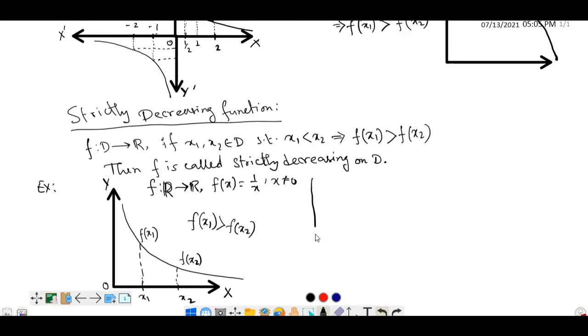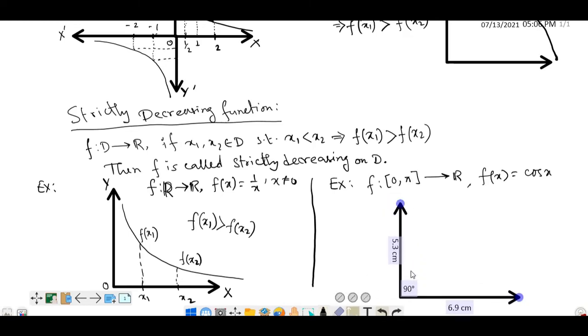Now we can take another example of a strictly decreasing function, that is cos x. If you take f from R to R, you don't actually have to take R to R, you have to take a particular interval, say the interval 0 to pi, f of x equal to cos x. So what will we get?